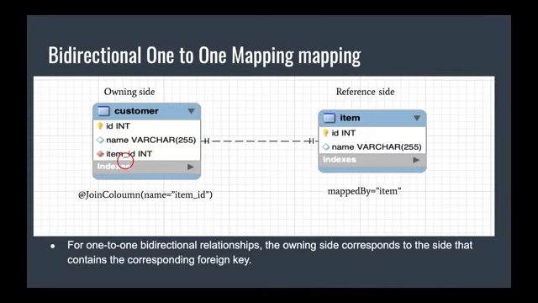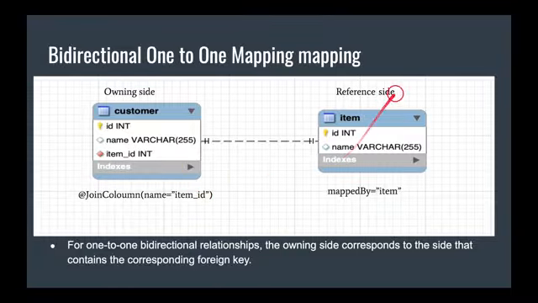After that we have bidirectional one-to-one mapping. When you're talking about bidirectional, we can go in both directions, either from the customer side or the item side. The customer will have the item id here, so whenever you define @JoinColumn in the customer entity, the name is item_id.